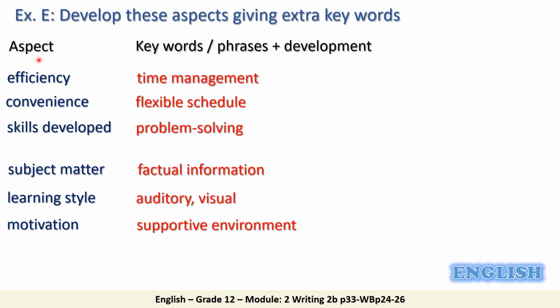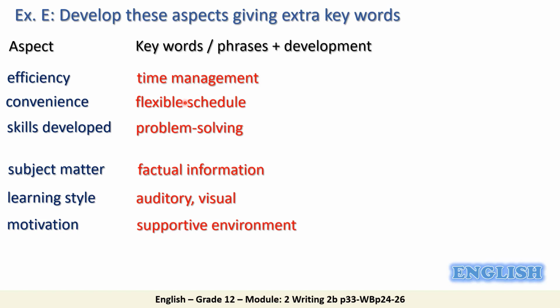The most important stage in writing an essay is the stage of looking for or brainstorming for the aspects, the ideas you are going to write about and develop into paragraphs to write the whole essay. In this exercise, the writer has given us 6 aspects and some keywords.